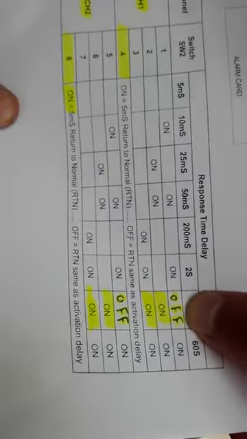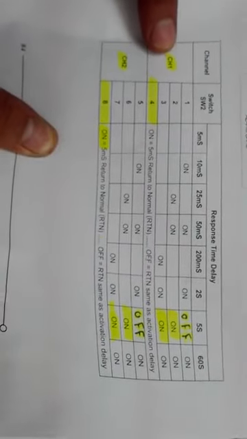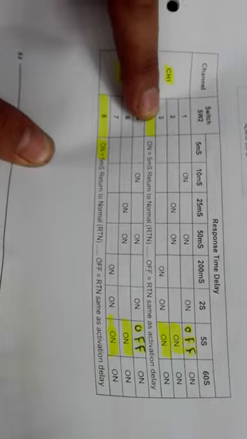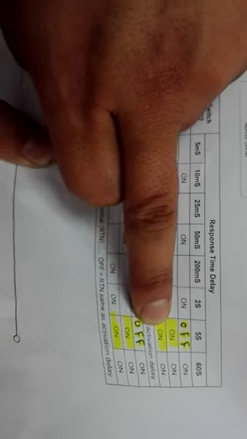Channel 1, switch number 1 will be off. Then channel 1, switch 2, for a 5 second delay it will be on. Channel 1 SW2 point number 3, for a 5 second delay it will be on.